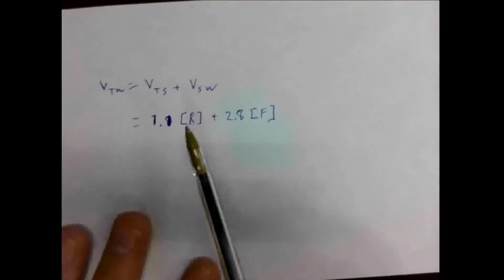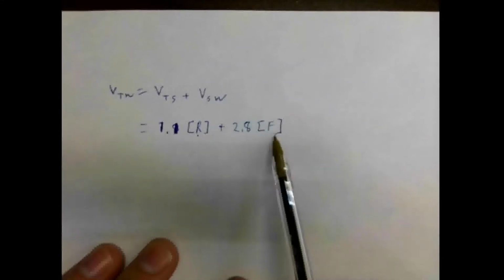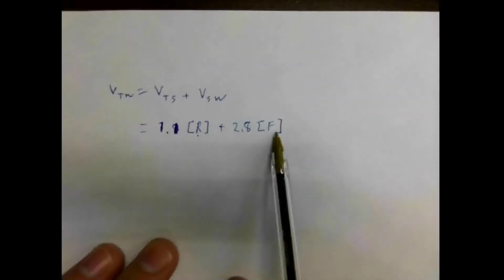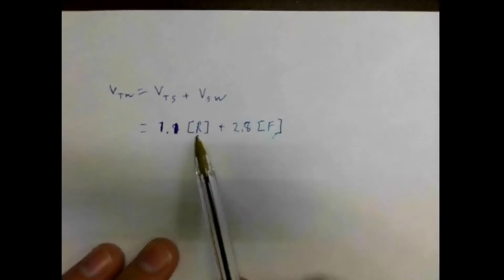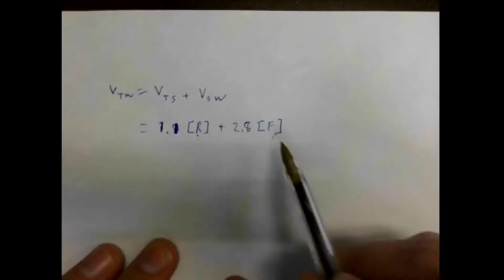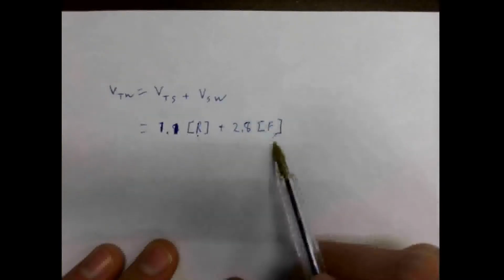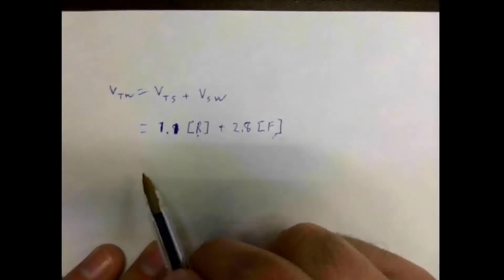So when I'm doing a vector addition, I can't add anything here that is in a different direction. So I can't add a right to a forward. Even if it's a down and a forward, or a backwards and a forwards, I should really write them in the same direction, and in order to do that I can just flip them.